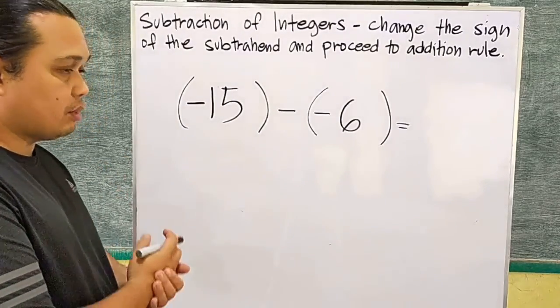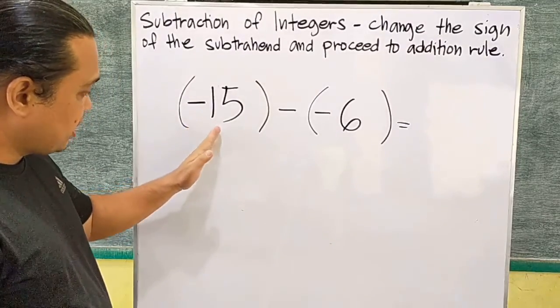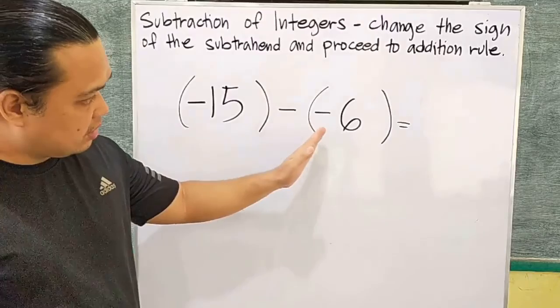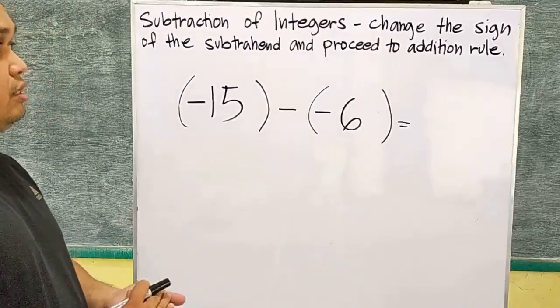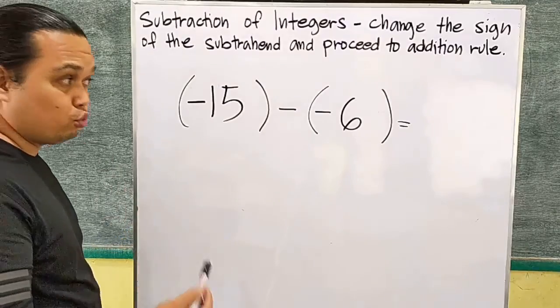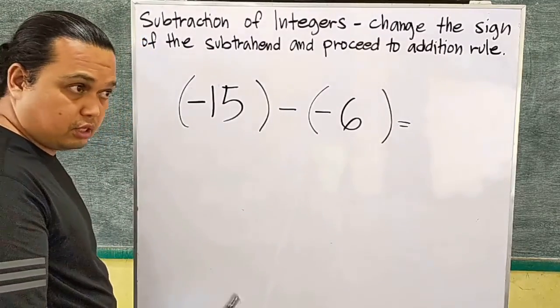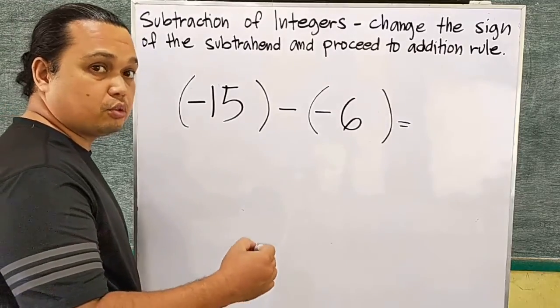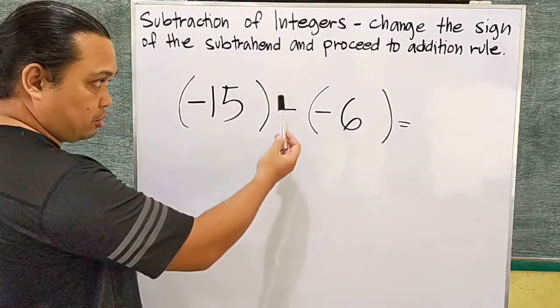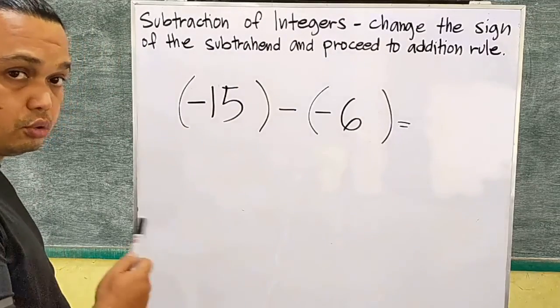We are subtracting two negative integers, so negative 15 minus negative 6. The rule is that in subtracting integers, we have to change the sign of the subtrahend to its opposite sign, and proceed to addition using the addition rule.